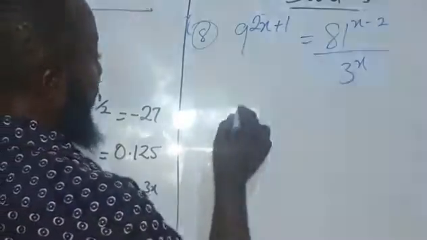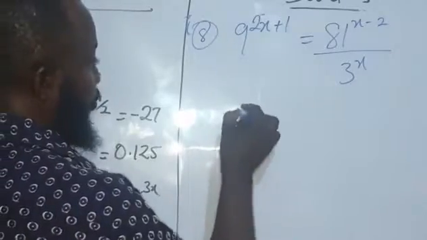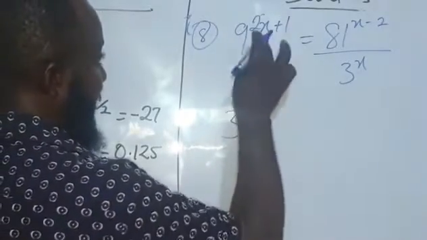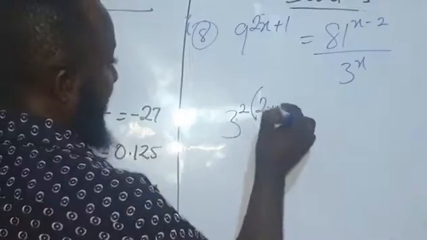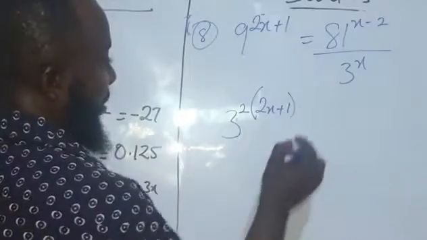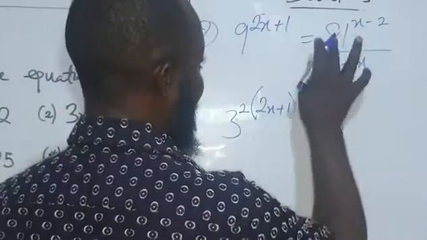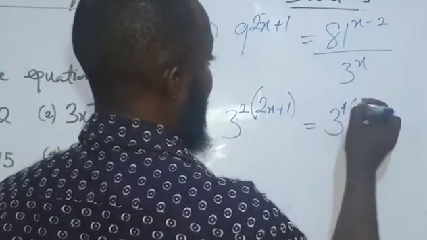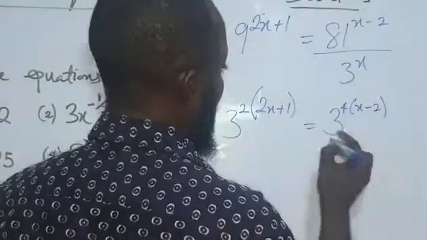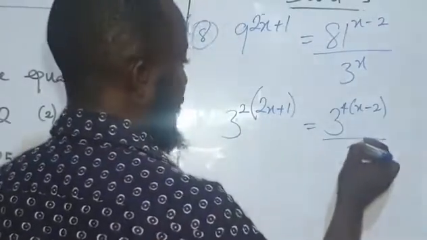So let's take it to 3. This will give us 3 raised to 2, in brackets, 2x plus 1. The same thing with this one: this is 3 raised to 4, 81, of x minus 2, over 3 raised to x.